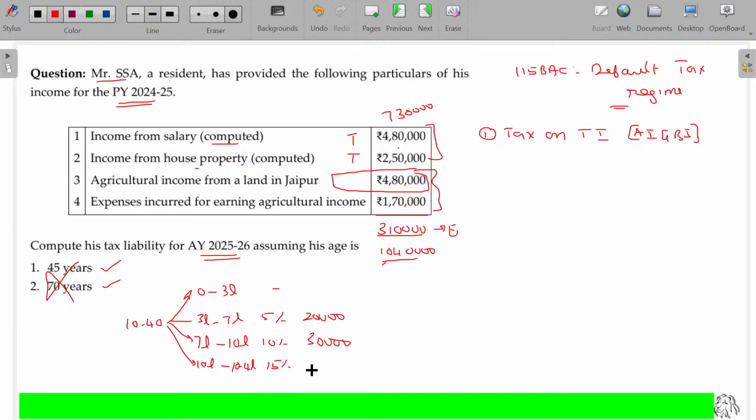For 40,000 at 15%, 6,000 will be applicable here. Then the total value is 56,000. We found out the tax on total income, which is 56,000. Step number 1 is over.